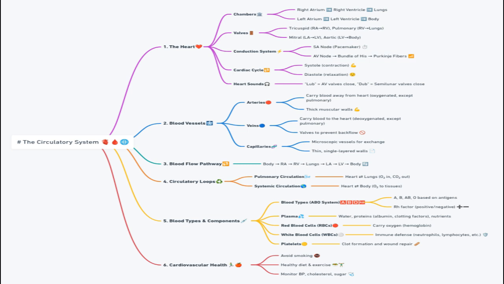So mean arterial pressure is cardiac output times peripheral resistance, which is the same formula for blood pressure, and the peripheral resistance is the total resistance against blood that must be pumped. The cardiac reserve is the difference between the cardiac output at rest and the maximum cardiac output.